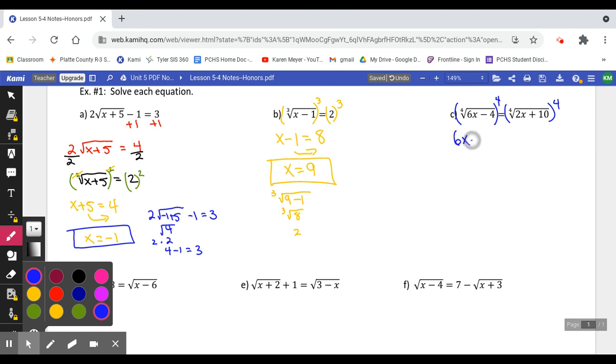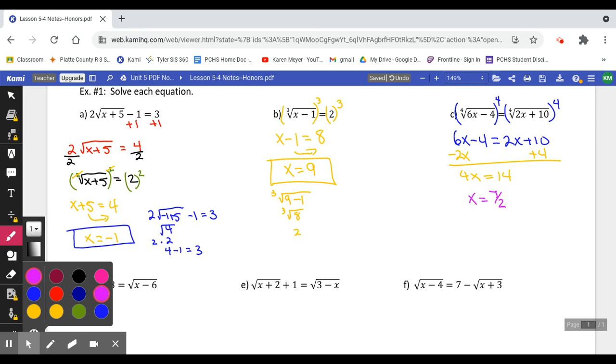So I just have 6x minus 4 equals 2x plus 10. Then I'm going to subtract my 2x over, and add my 4 over, which will give me 4x equals 14. And if I divide, x equals 7 over 2, or 3.5.